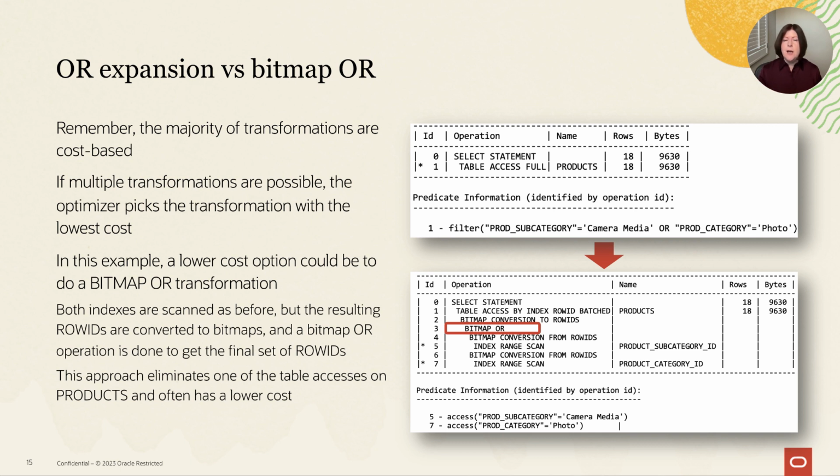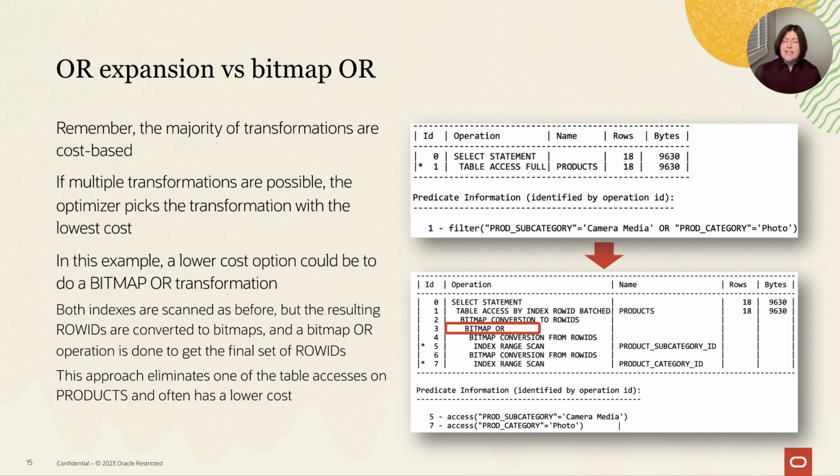So what happens when the optimizer is faced with the opportunity to use multiple transformations? Well, just as before, it will cost all 3 options. It'll cost the SQL statement without any transformations, it'll cost it with the OR expansion, and then it'll cost it for bitmap OR. And it'll pick the one with the lowest cost.